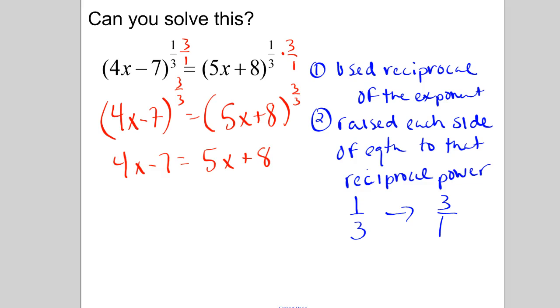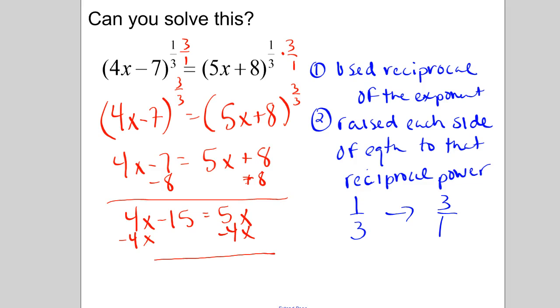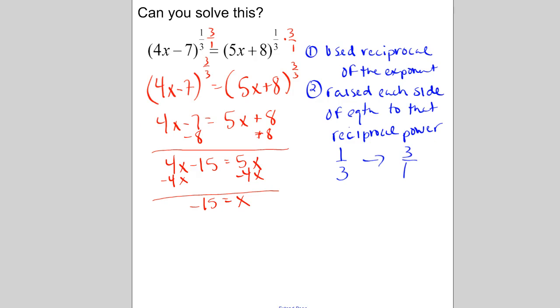Let's go ahead and subtract 8. So I get 4x minus 15 is equal to 5x. And let me subtract 4x. So I get negative 15 is equal to x. All right, let's go see if this works out.